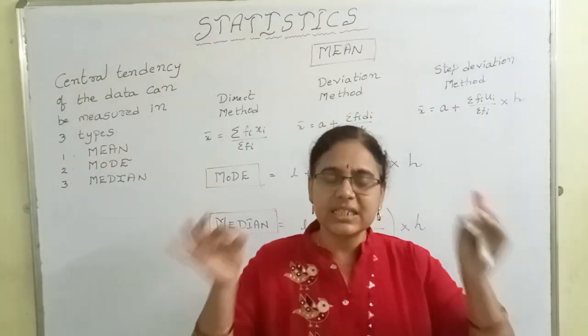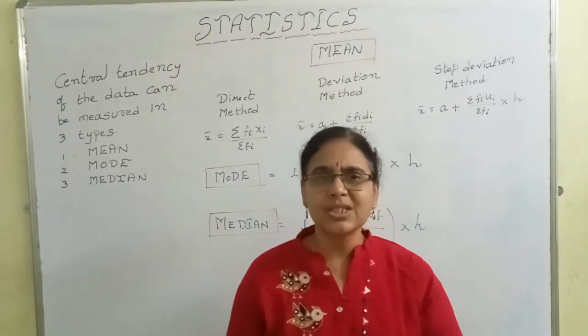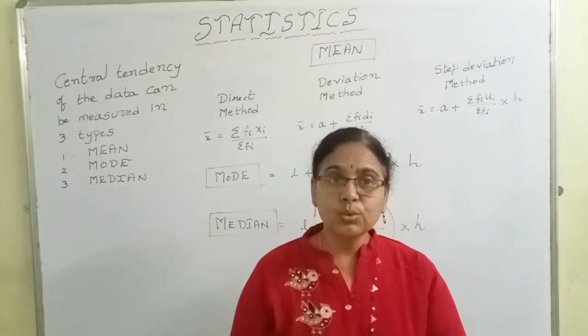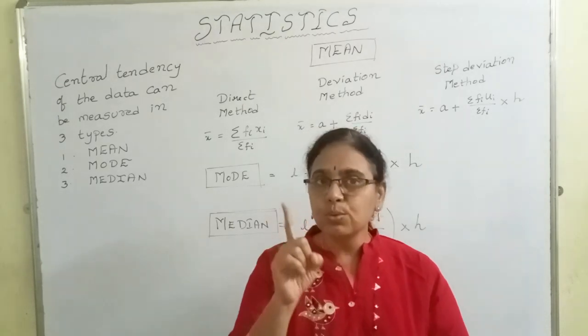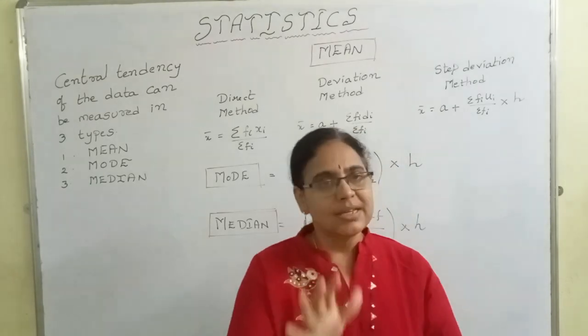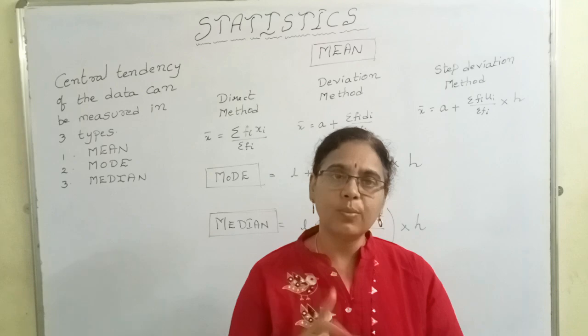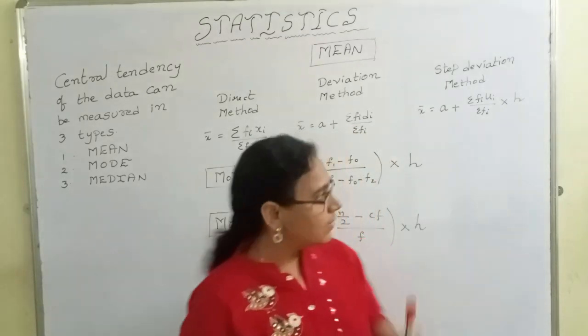But statistics is very easy. When you are habituated to doing these sums from the tabular form, it is very interesting. You only need to be good in calculation. When you are good in calculation, you can easily score full marks in statistics. Concentrate on statistics. First learn the formulas.